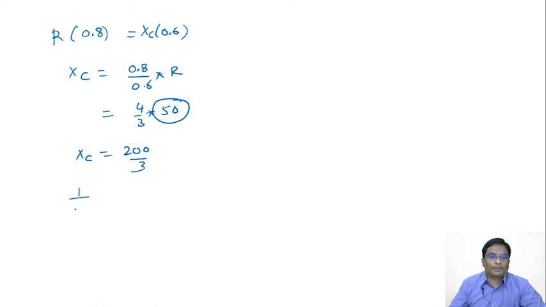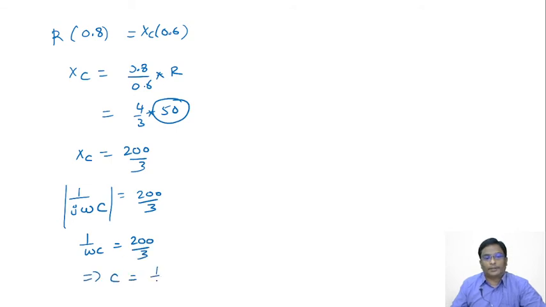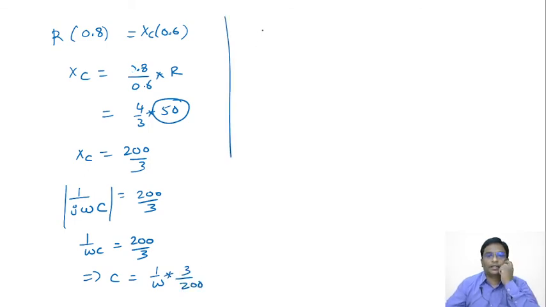XC is nothing but 1 by omega C. Okay, magnitude. This is nothing but XC, 200 by 3, or 1 by omega C is nothing but 200 by 3. Therefore, what is the value of C? C equal to 1 by omega into 3 by 200. Okay, omega is 2 pi f.